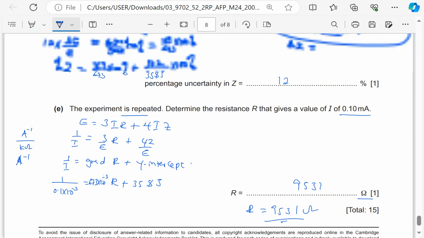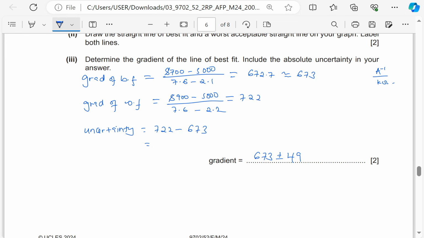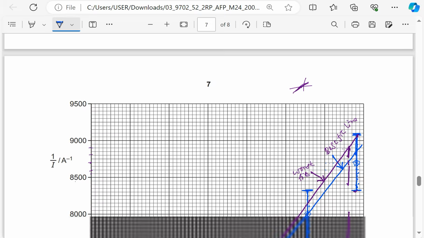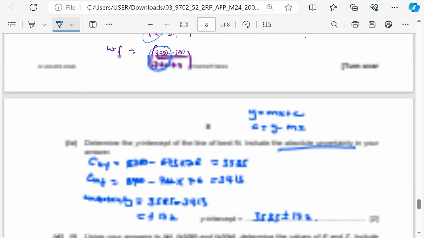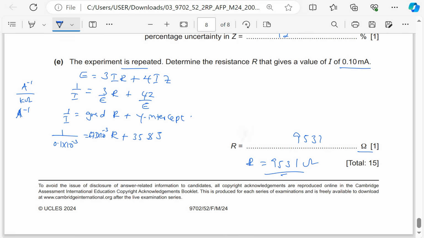If you want, you could have changed the units for the gradient from an earlier stage, times 10 to the power of minus 3, and that value would affect this, but I think the units will not affect much here. But in the final value, when I change this from milliamperes, I should also make the units of the gradient standard, so that my answer comes to this. So R is going to be that.